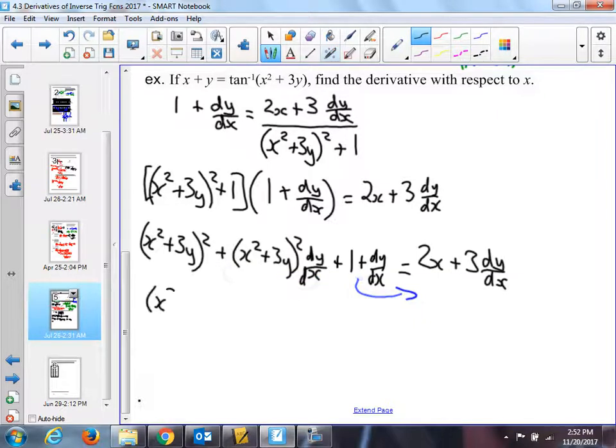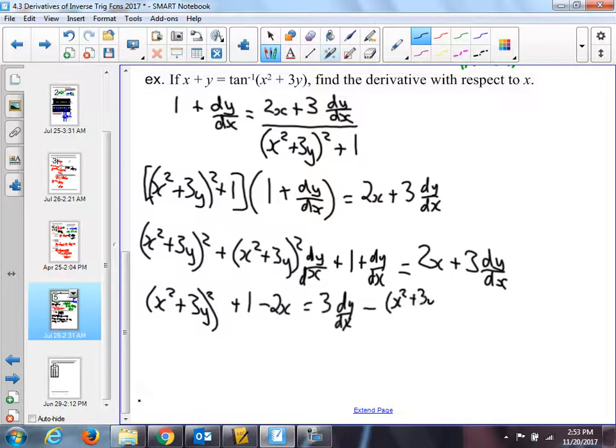Don't have to divide anything right now. Yet. We will. Plus 1 minus 2x. Okay. I got 3 dy by dx. I've got minus x squared plus 3y all squared dy by dx. I got minus dy by dx.